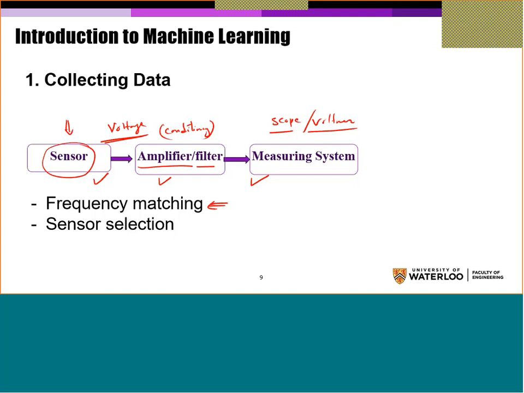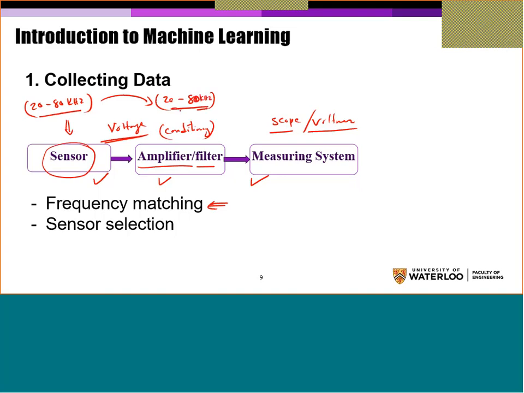between all these components. Meaning, for example, I'd like to use an ultrasonic sensor to measure what? I want to measure partial discharge. What is the frequency range? Let's say the frequency range is from 20 to 80 kilohertz. So I know that this is the range of my sensor. Then my amplifier and my filter have to work exactly in the same range, or a bit higher or a bit smaller.